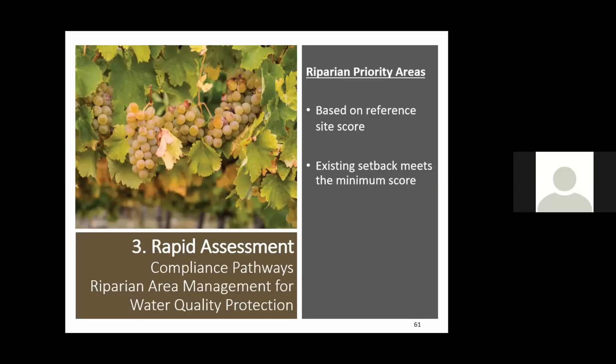If your existing setback meets the minimum reference site score, you've met the requirement. If it doesn't, then you would need to take actions to achieve the score. Just like the on-farm setback, ways to increase your score could be to improve the conditions of the setback area near the water body. Once the score is achieved, you've met the requirement.